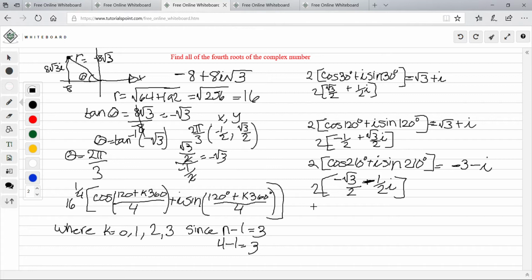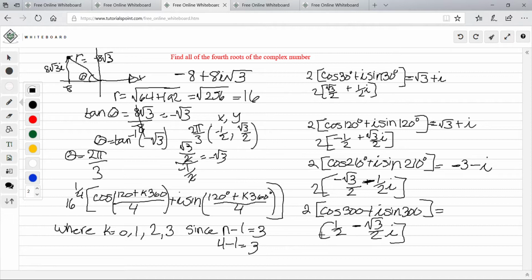When you plug in k equals 3, you get cosine 300 plus i sine of 300. Cosine of 300 is positive 1/2, and sine of 300 is negative root 3 over 2 i.